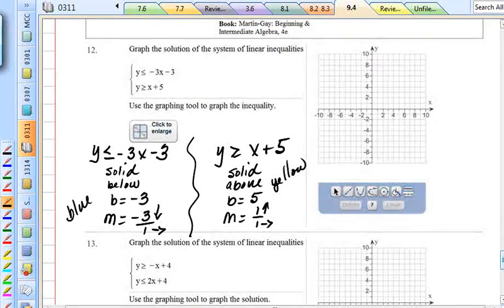At -3. I'm going to move down 3, right 1. Draw a solid line. And I'm going to shade with blue below.